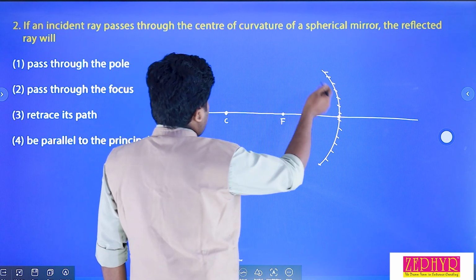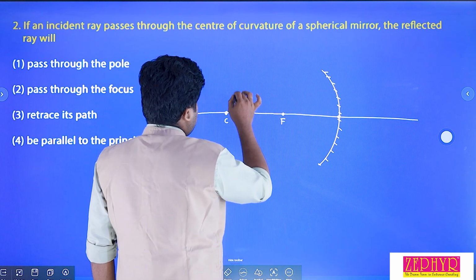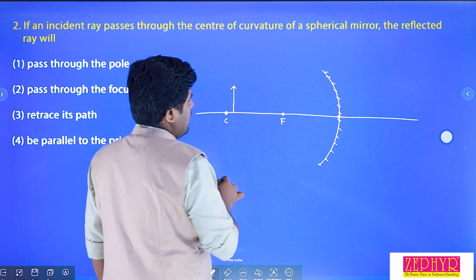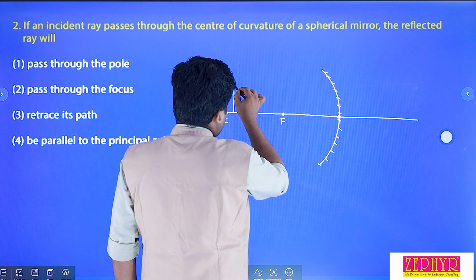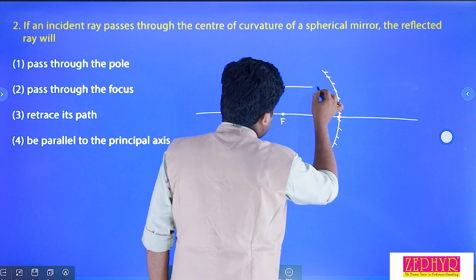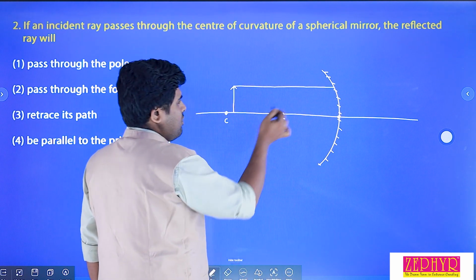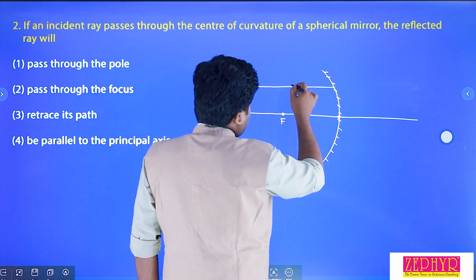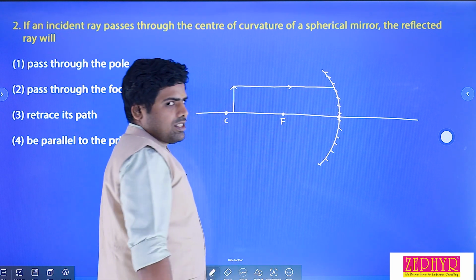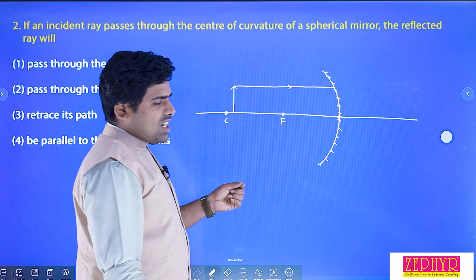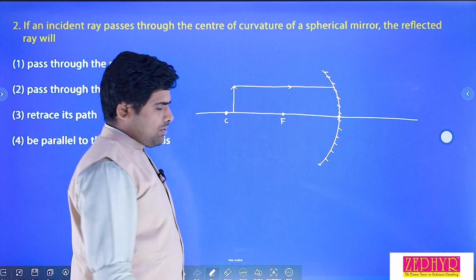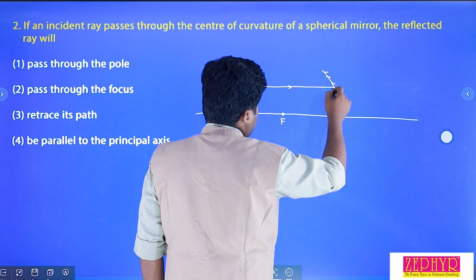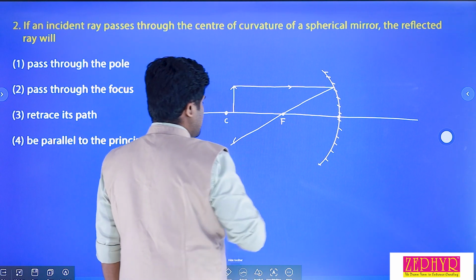When I place an object in front of the mirror, this is a light ray coming from the top part of the object. It is parallel to the principal axis. The light ray which is parallel to the principal axis, after reflection, passes through the principal focus.